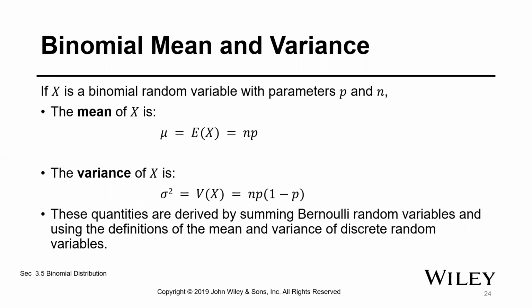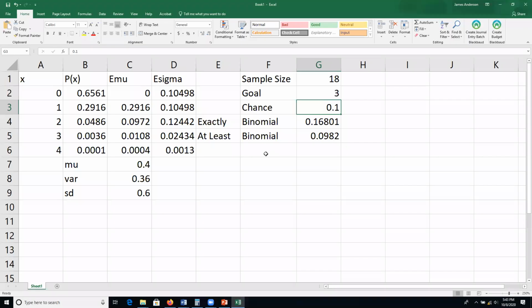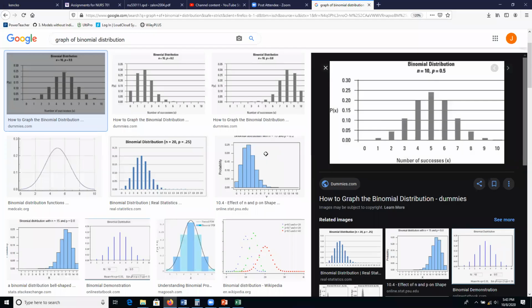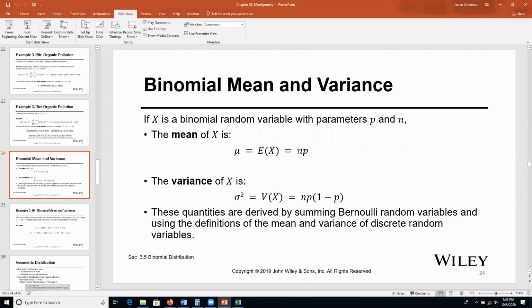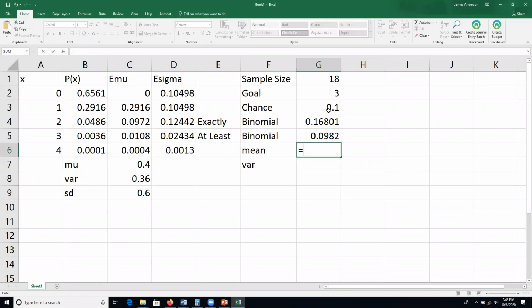So on this, I have mean and variance. My mean is, once again, n times p: chance times sample size.